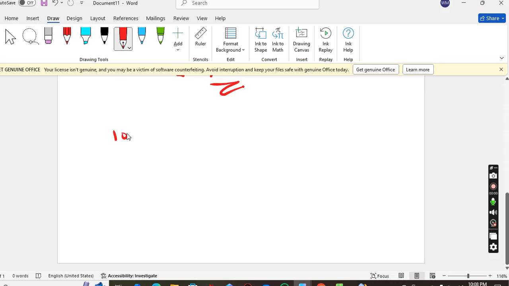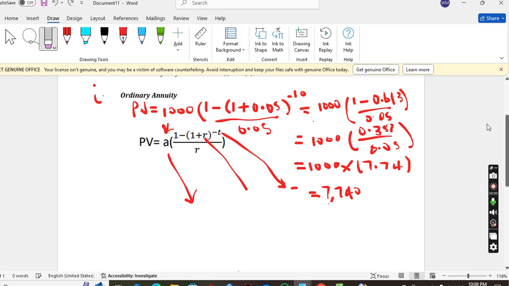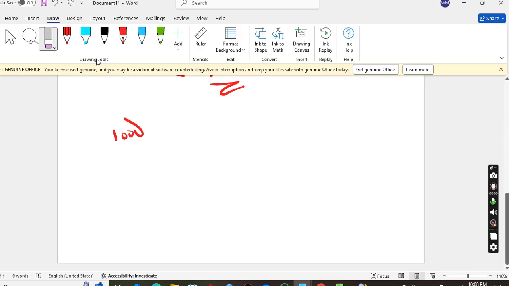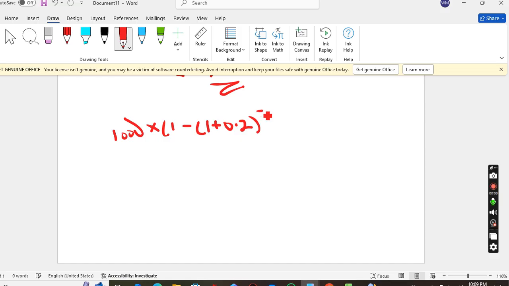So for option 1, our R is going to be 0.2 since it's 20%, to the power negative 10, over 0.2.